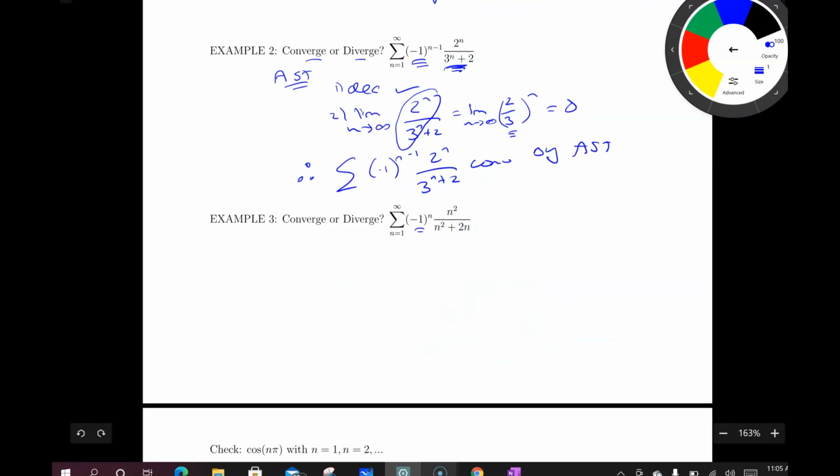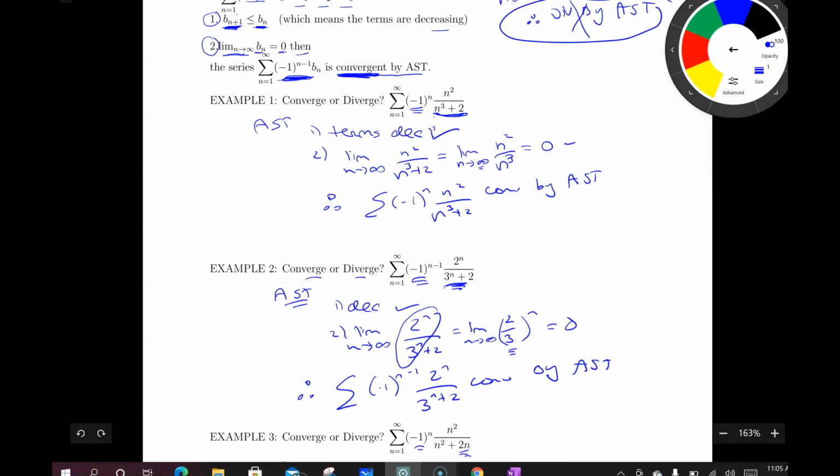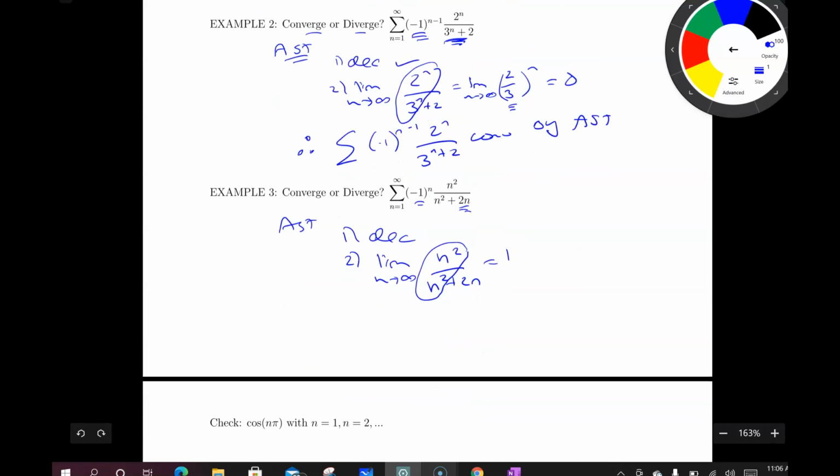Okay, it is alternating, so we do the AST. Does it look like the terms are getting smaller? Yes, there's more in the denominator as n's are getting larger. So what about the limit? Hold on a second. If I take highest powers, I get 1. What? That doesn't work. Doesn't give me 0. So I don't get converged by AST.